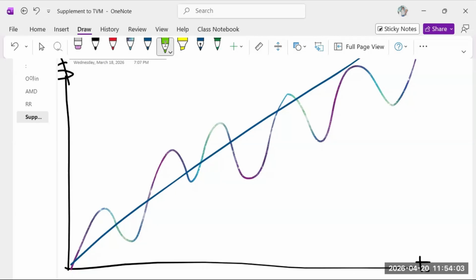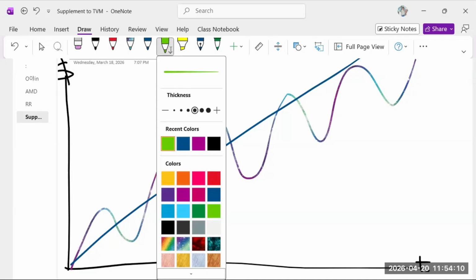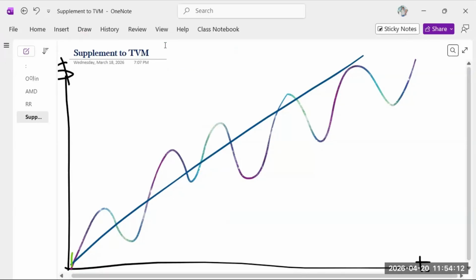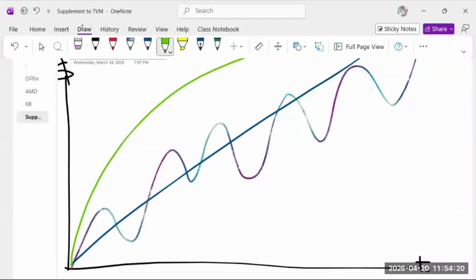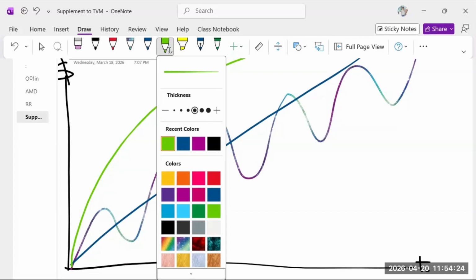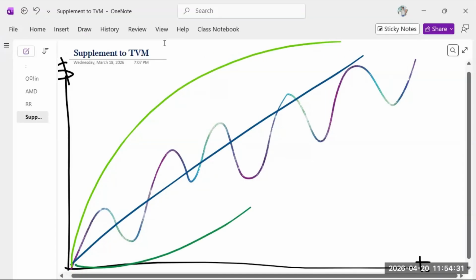Growth can take this pattern, or it can also take this pattern.